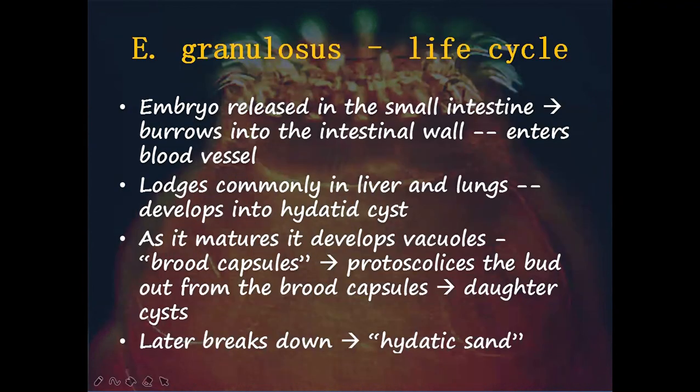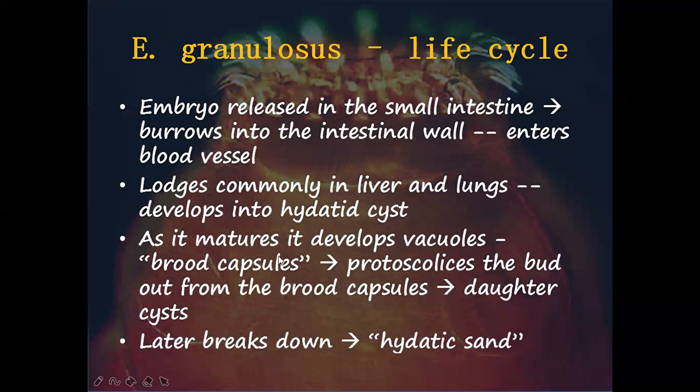So embryos are released in the small intestine of the definitive host. The embryo is released from the eggs in the small intestine, burrows into the intestinal wall, enters the blood vessel, and invades the liver and the lungs, and develops the hydatid cyst in the intermediate host.